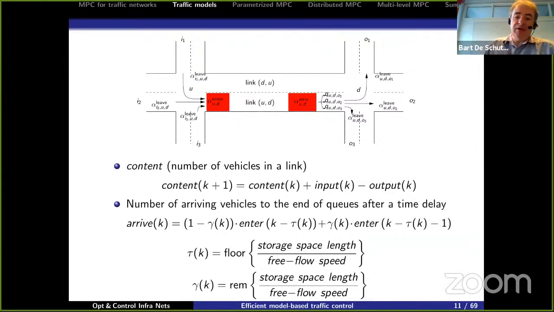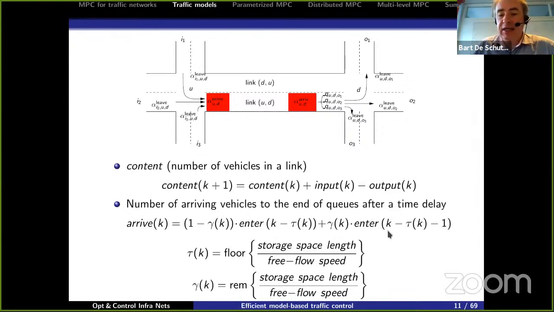Since we are working with a discrete model, we need to round this to an integer. That's where the floor comes from. And of course, we take the average, or a weighted average, between the vehicles entering at k minus tau, where tau is the lower integer of the actual travel time, and the next value.